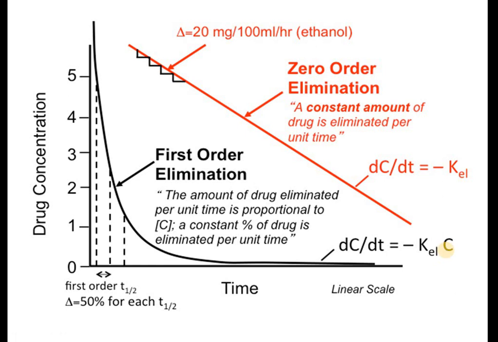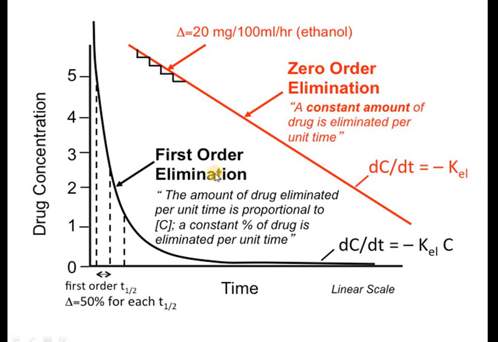Okay, first order elimination is concentration dependent. Zero order elimination is not concentration dependent, it is independent of the plasma drug concentration. Constant fraction of drug will be eliminated regardless its plasma drug concentration in zero order.